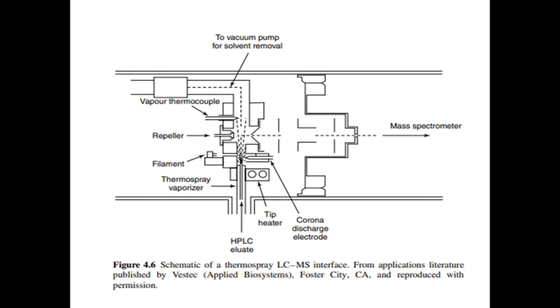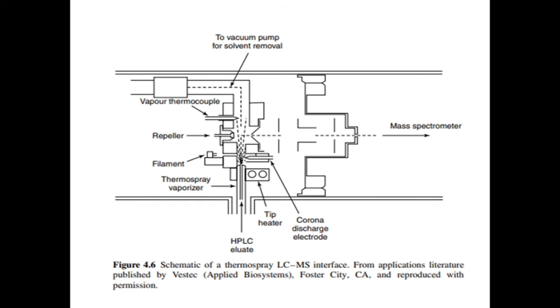If located directly opposite the sampling cone, this is known as a repeller, and if located slightly downstream of the sampling cone, an ion retarder.